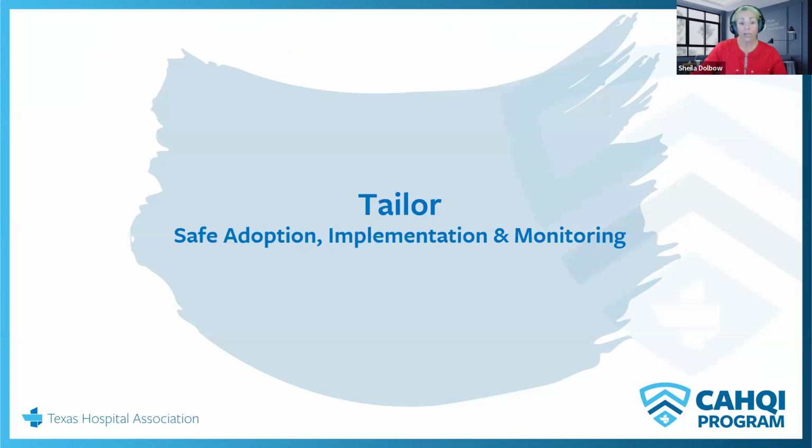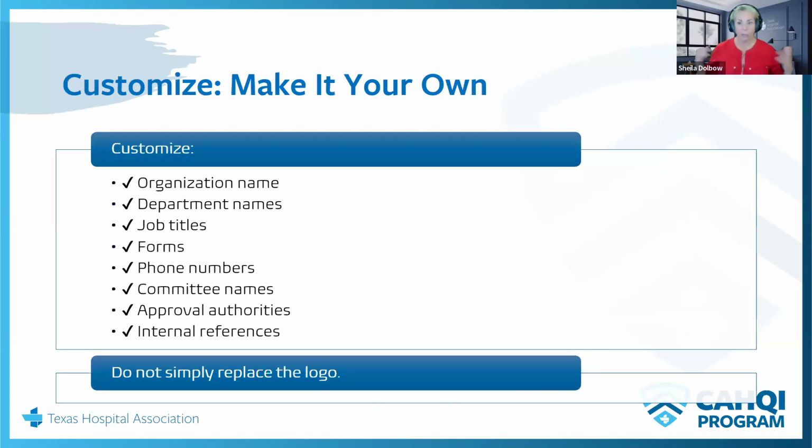When it comes to tailoring, you have to make sure that it fits your organization. You can take any policy and procedure and make it your own. You just want to make sure that it is customized with your organizational name and logo, that your specific department names are throughout the document, that you reflect your current job titles in your organization.